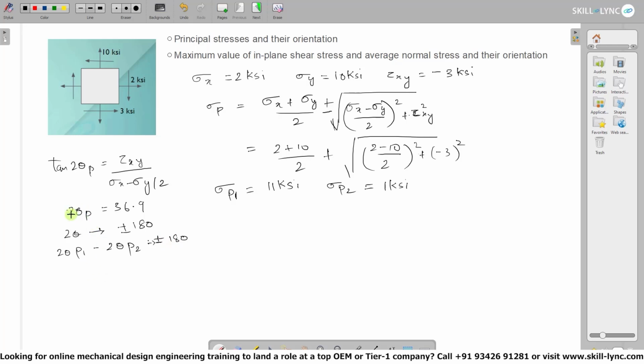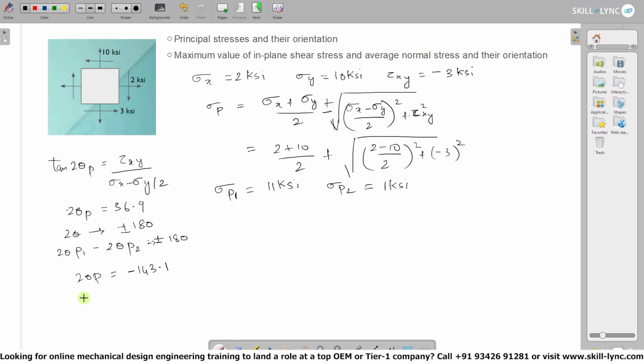Therefore, if we get 2 theta p equal to 36.9, then we got one value of 2 theta p as 36.9. Then if it falls inside 180, then it should be 2 theta p, which is equal to minus 143.1.